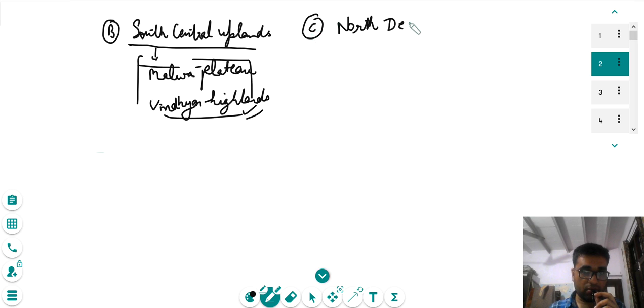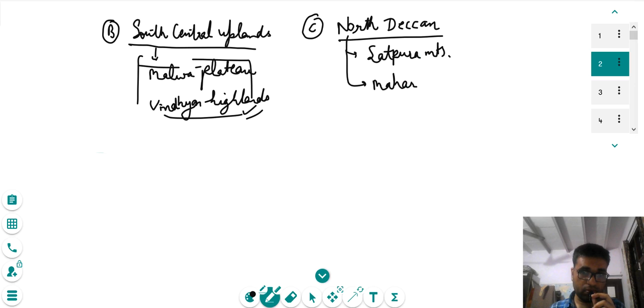Third one is the North Deccan. North Deccan constitutes the Satpura Mountains and the Maharashtra Plateau. So this is the North Deccan. Moving to the next part of the peninsula, this is the South Deccan.